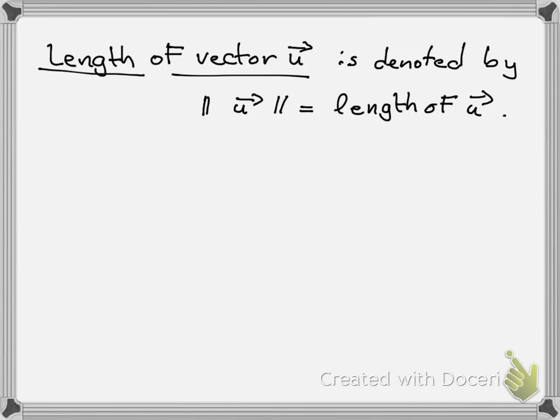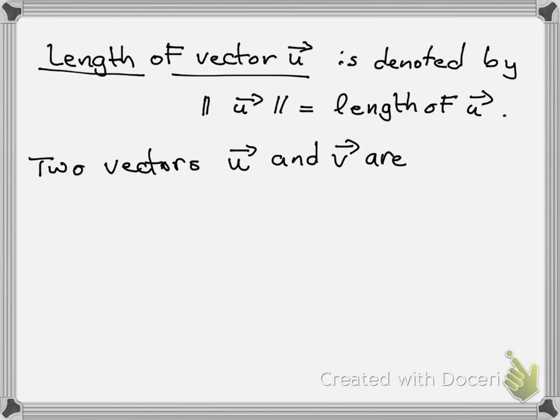Now, two vectors are equal. Again, a vector is characterized by its magnitude or length and its direction. So two vectors are going to be equal if they have the same magnitude and the same direction.